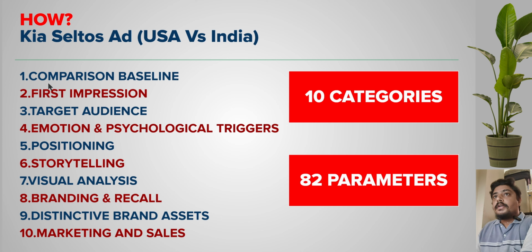The first one is the comparison baseline. The second category is the first impression. The third category is the target audience, then emotion and psychological triggers, positioning, storytelling, visual analysis, branding and recall, distinctive brand assets, and marketing and sales. So these are the 10 categories on which we will compare both the ads.